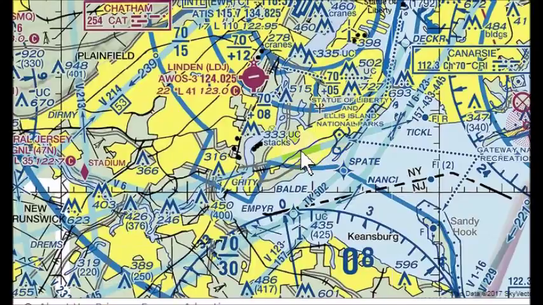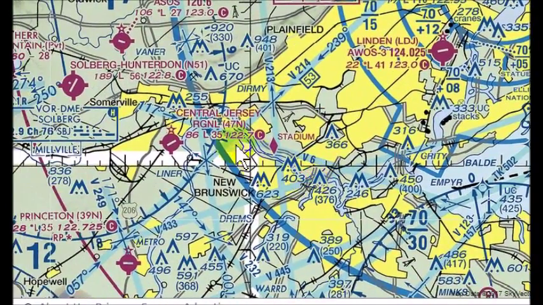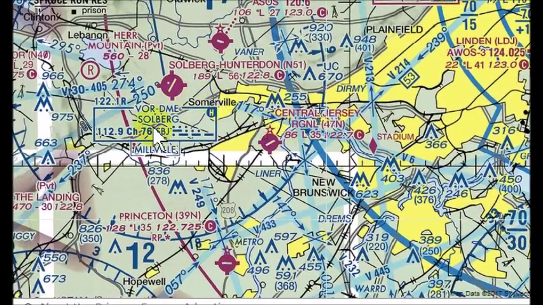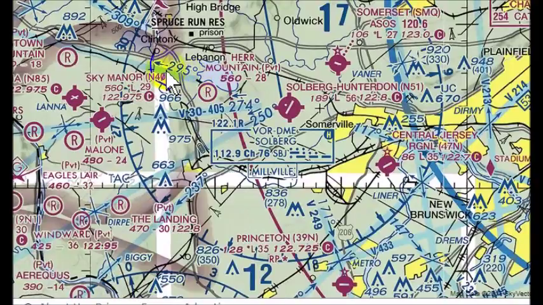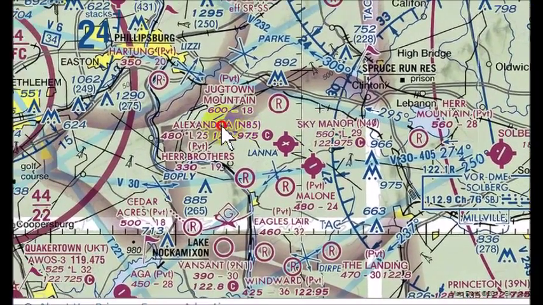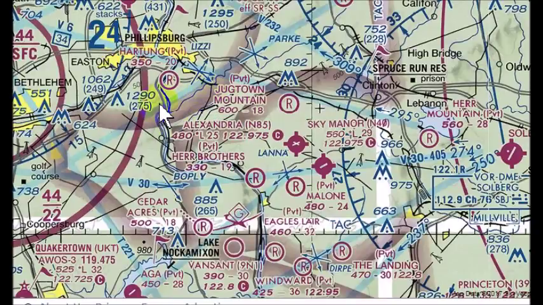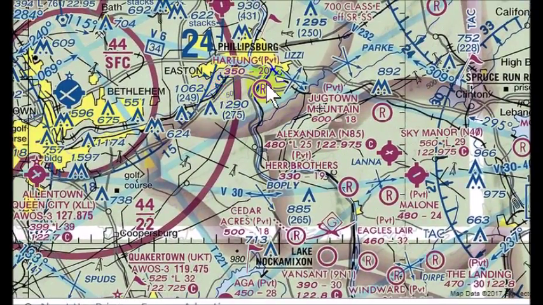And so we will join Victor 6 here off the 265 radial, and then we'll pick up the 117 radial and fly towards Solberg VOR. We will leave on the 295 radial once we get station passage, and we will probably do a ground speed check in the middle somewhere.